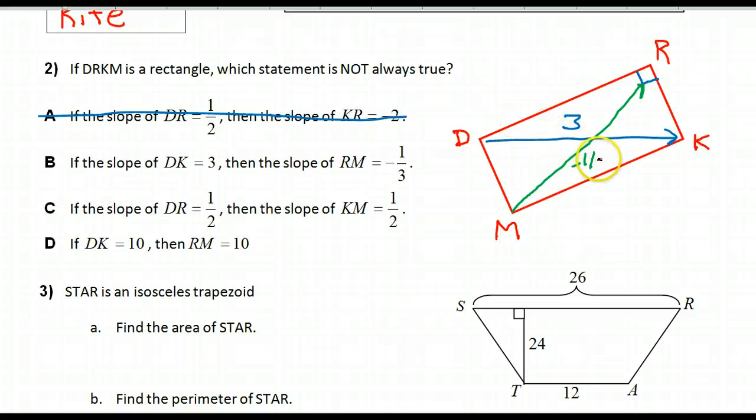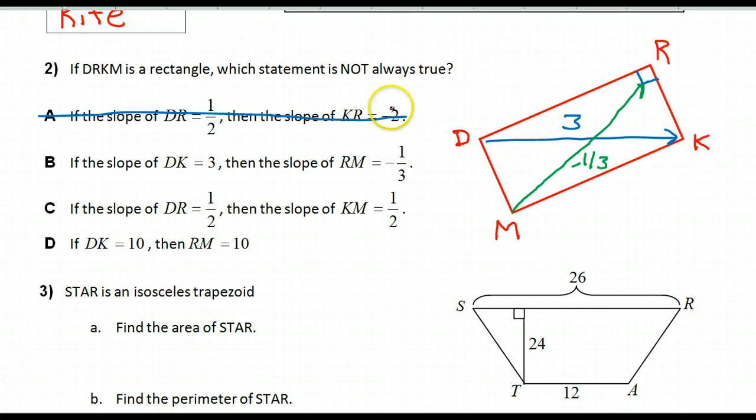The question is, is this always true? Well, these are the diagonals. So obviously these slopes are opposite and reciprocals. That would mean that these diagonals are perpendicular.